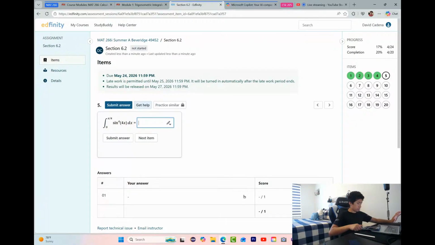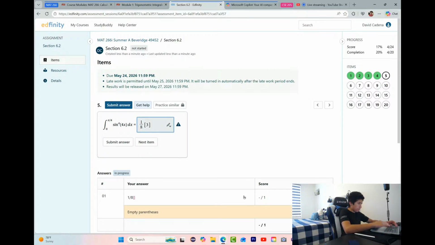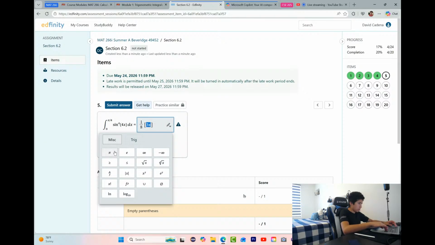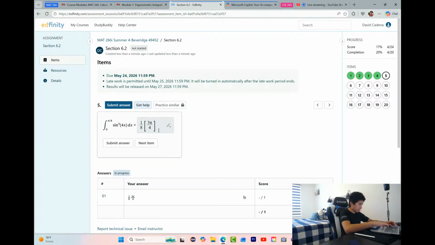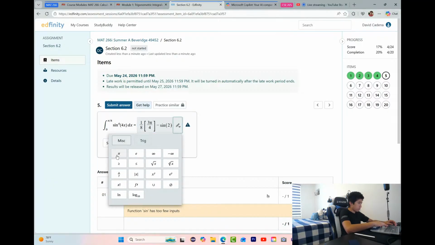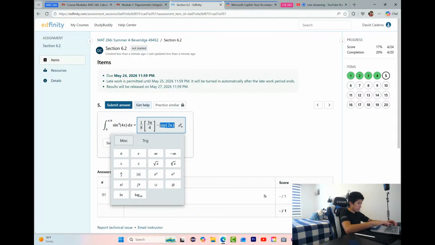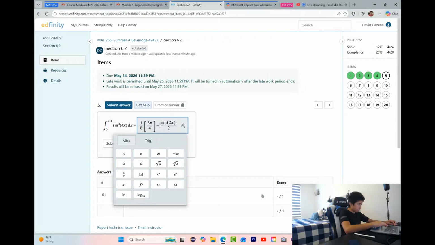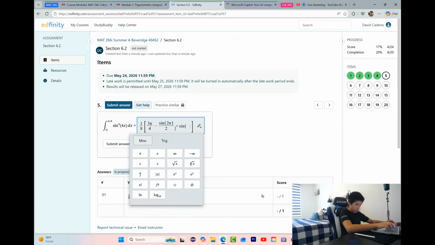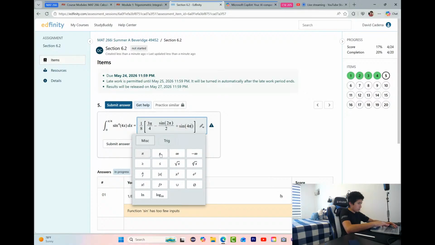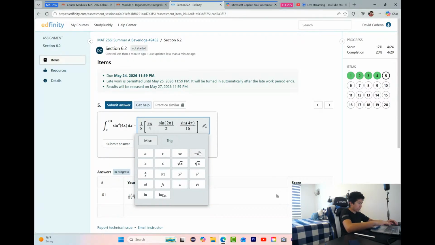So entering our results, we get 1 over 8 times 3 pi over 4 minus sine of 2 pi over 2 plus sine of 4 pi over 16.